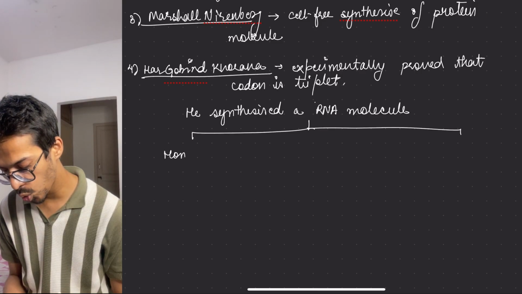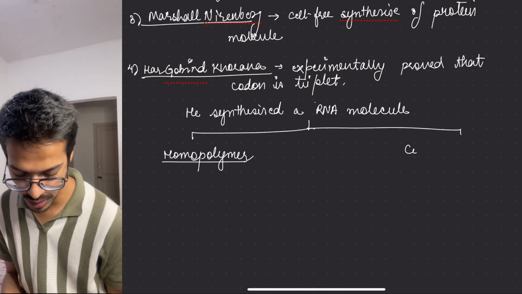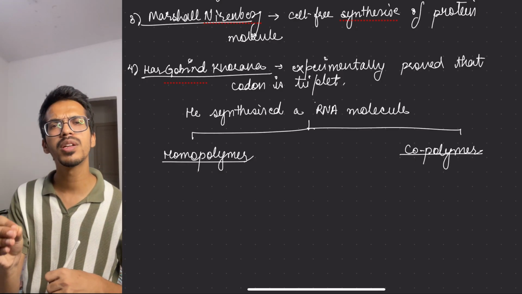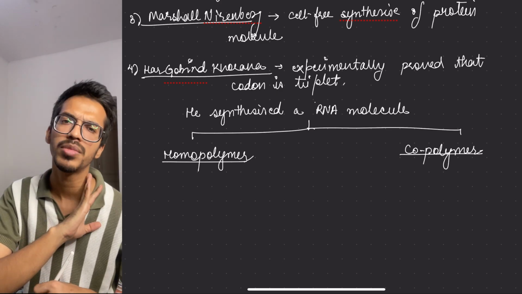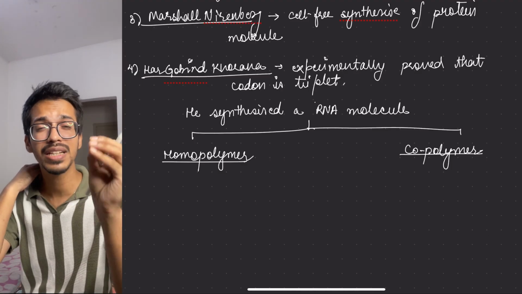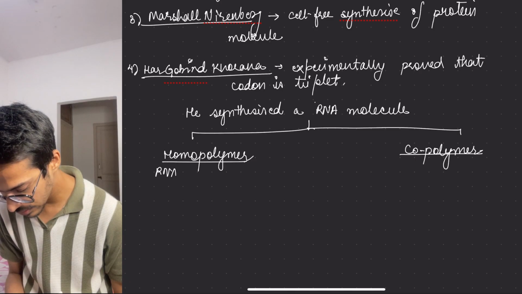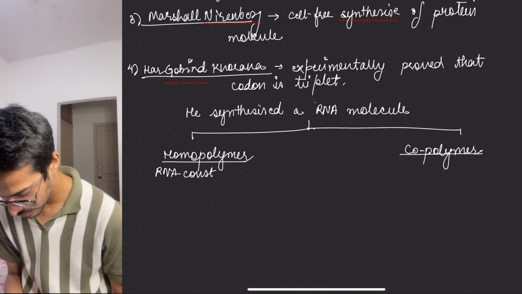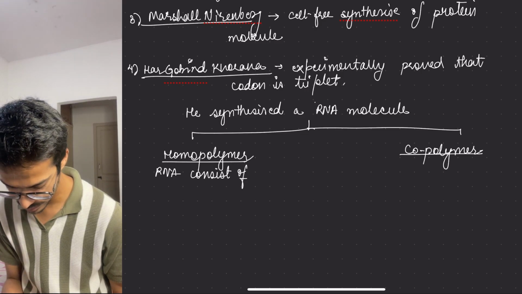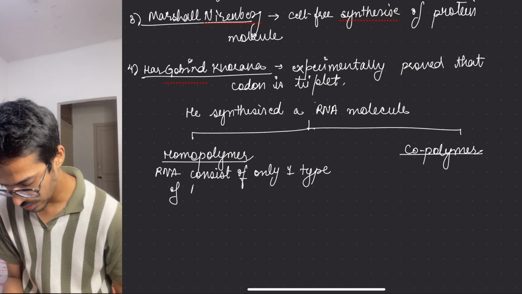One was a homopolymer, and another one was a copolymer. Homopolymer means he took the same type of amino acid, sorry, not amino acid, he took the same type of nitrogenous base. So the RNA consists of only one type of nitrogenous base.